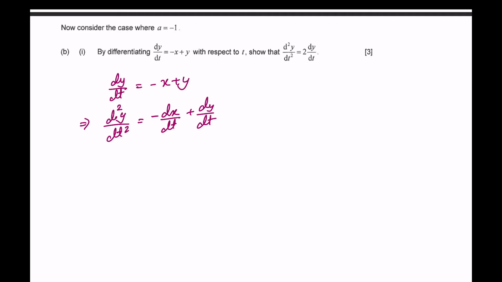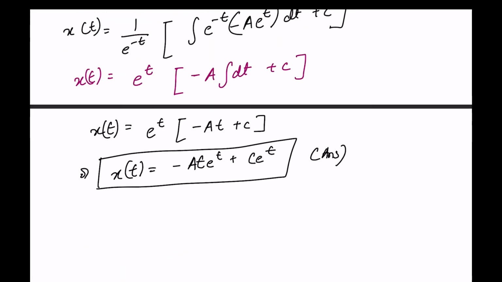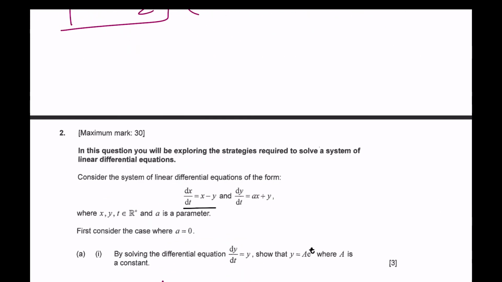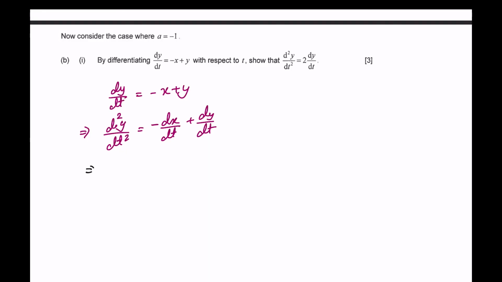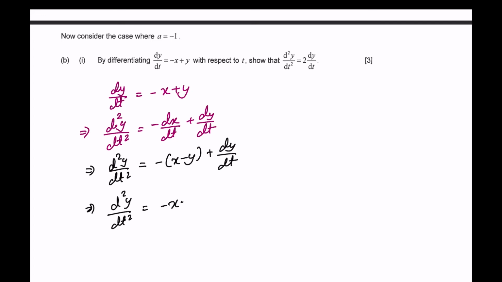Now one thing here is, if we go up, dx by dt is x minus y. So we can just plug it into this equation. If we open the brackets, it will be minus x plus y plus dy by dt.